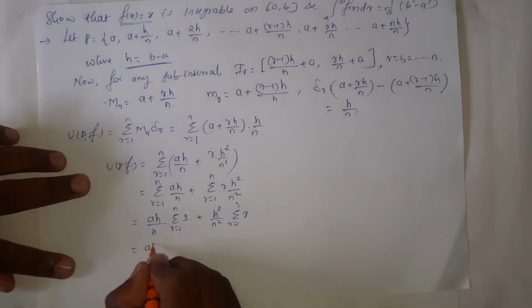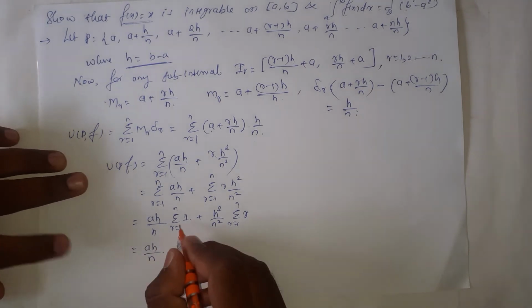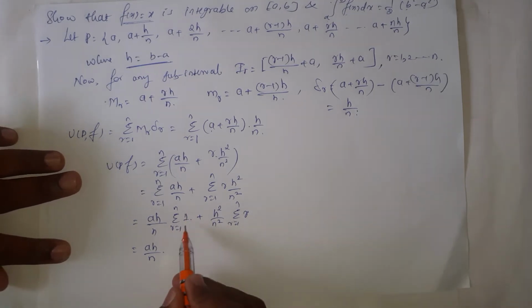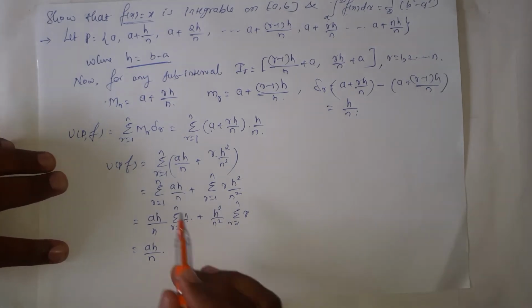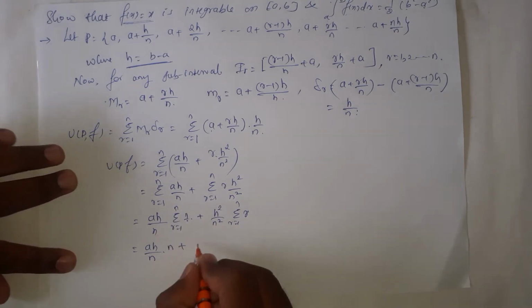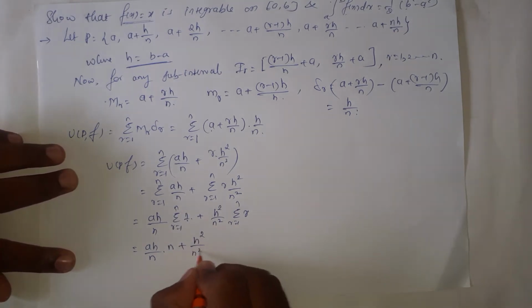Now this is equal to a h by n into, here if this summation represents that we are adding this one n times, so therefore we get n, plus h square divided by n square.